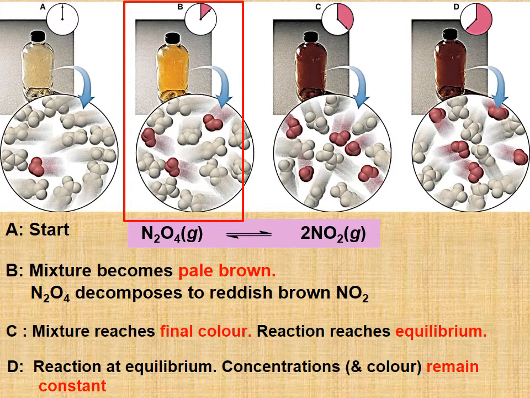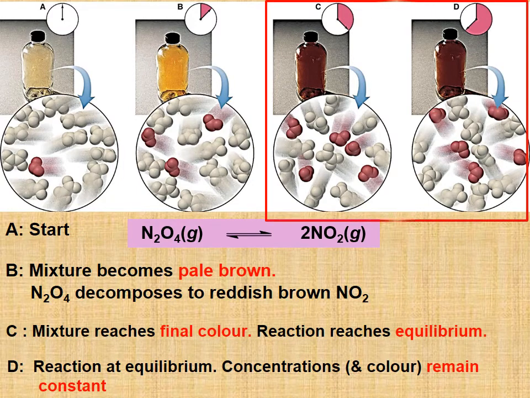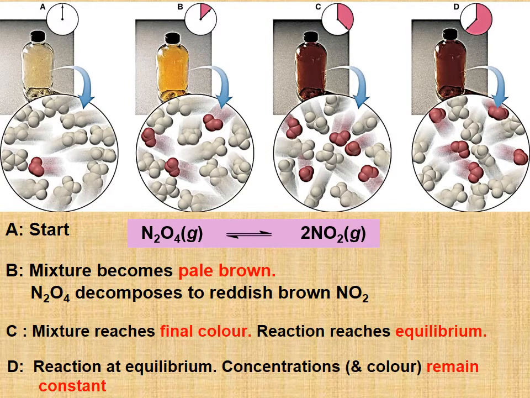After some time, the nitrogen dioxide will also combine to form dinitrogen tetroxide until an equilibrium is reached, where the concentrations of nitrogen dioxide and dinitrogen tetroxide remain constant. This is shown in diagrams C and D, where the intensity of the brown color remains the same.